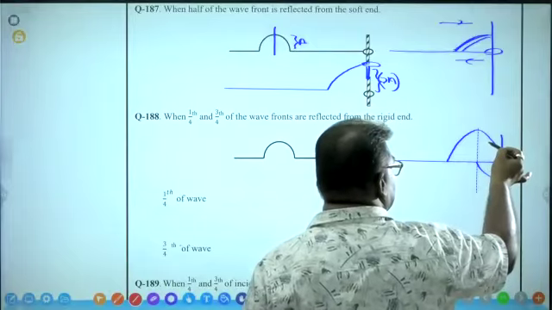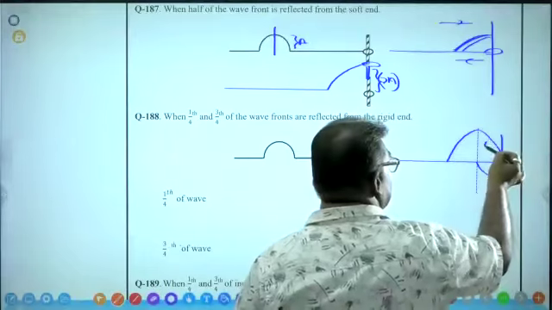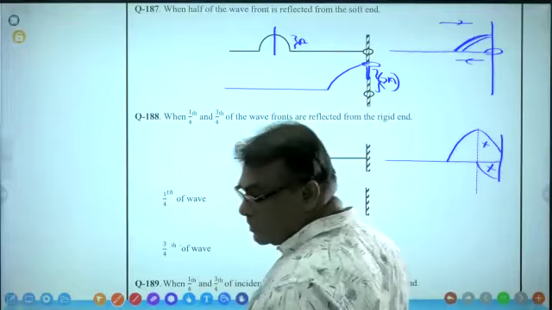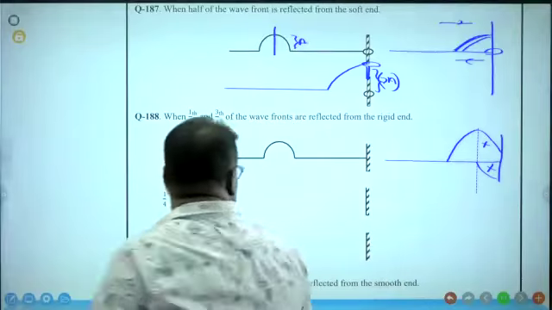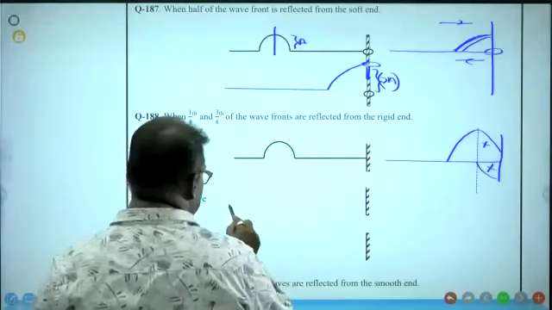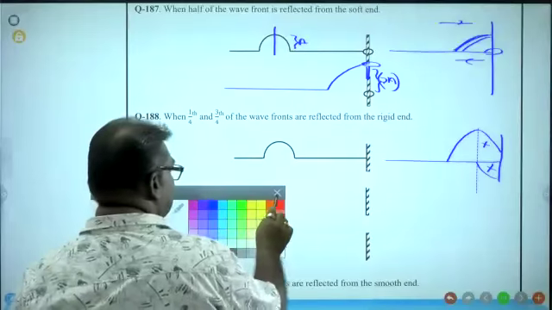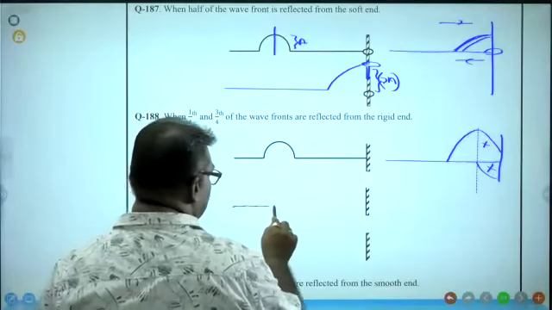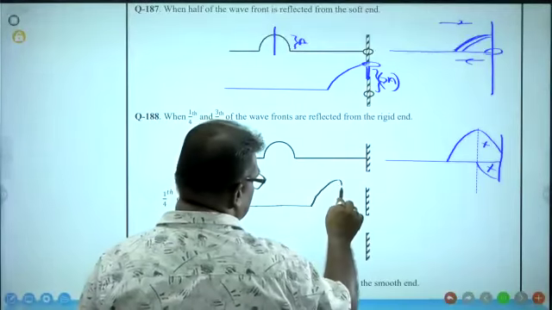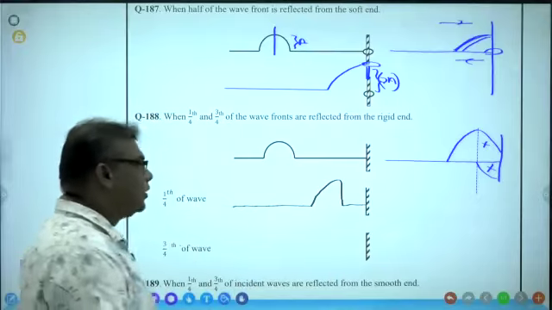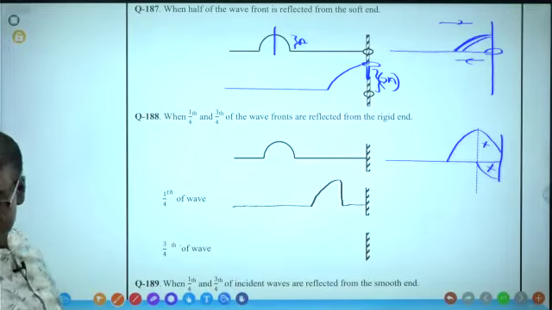This one and this one identical. This and this identical. Then it should be destructive interference. Then we can see the wavefront will be arranged like this. Right here. Wavefront is arranged like this.